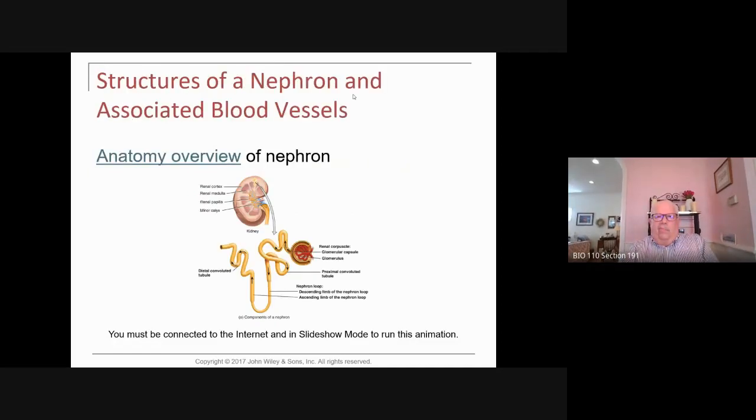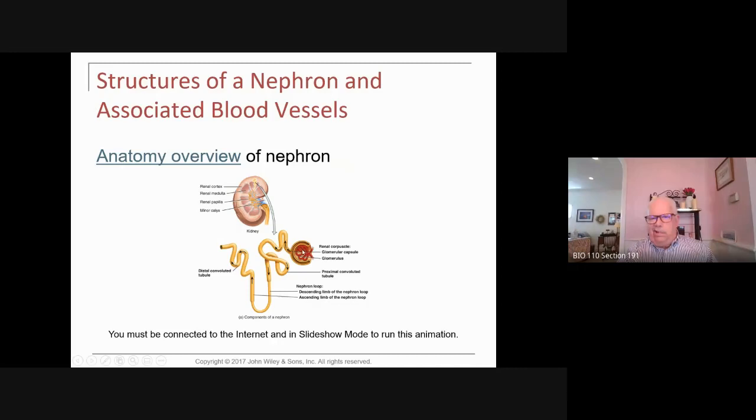Now, the functional unit of the kidney is called the nephron, and the nephron is basically in the renal cortex. It consists of the renal corpuscle, which houses the glomerular capsule and the glomerulus. This is where blood becomes urine. It is filtered in the renal corpuscle.